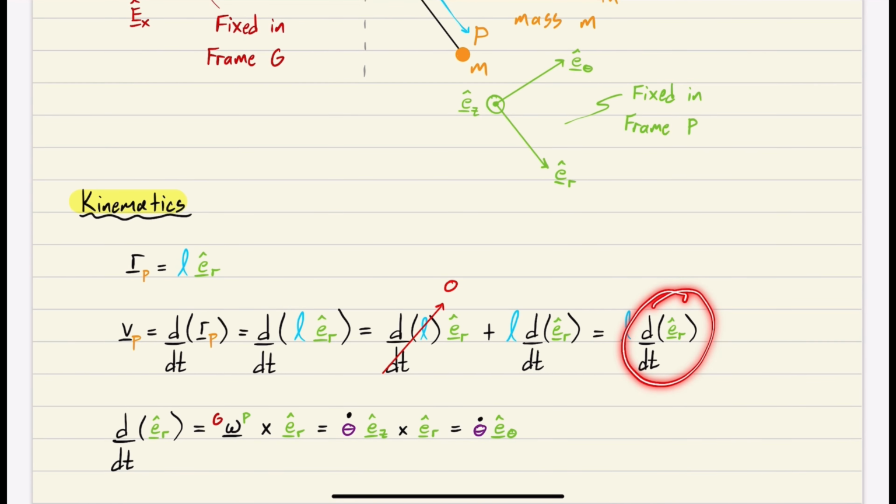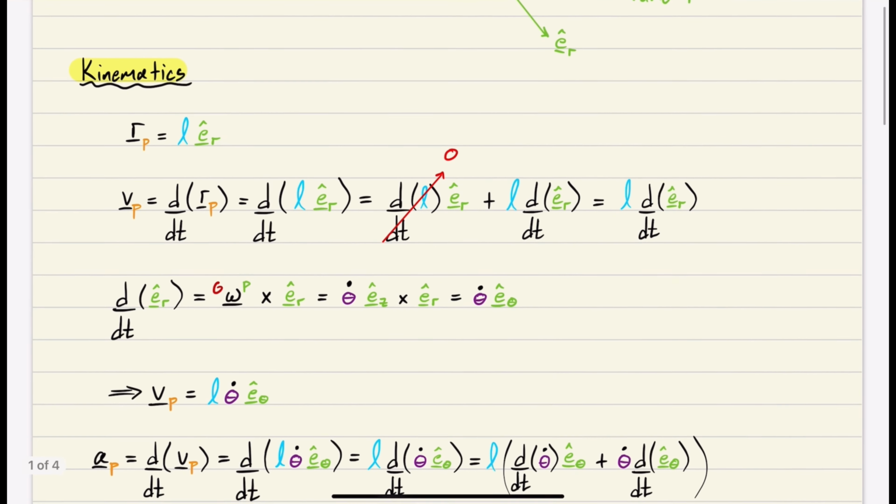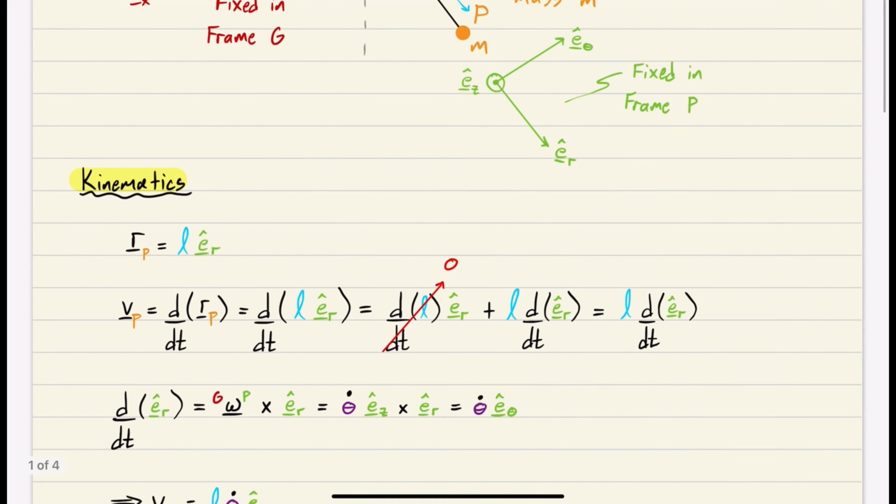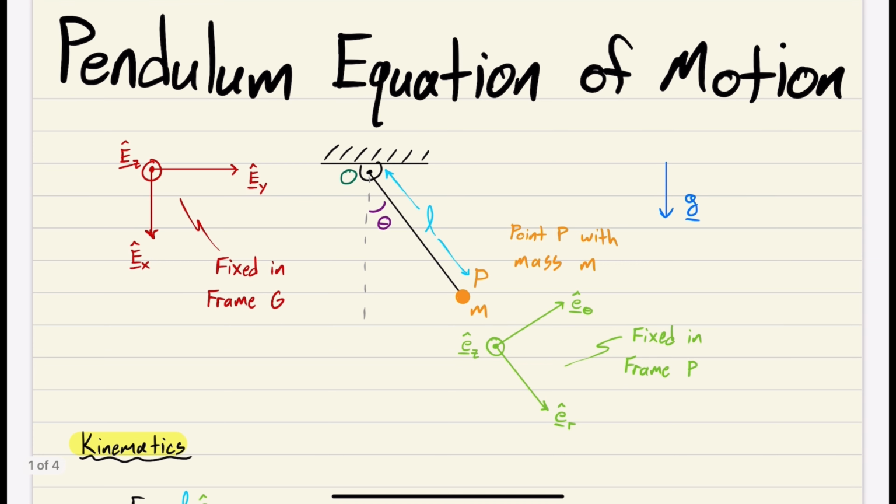So we have to find the derivative of this unit vector. Well, we've done a lot of examples like this, and we did a whole video deriving this result. And we know that the derivative of a unit vector is equal to the absolute angular velocity of the frame crossed with the vector itself, right? So what's the absolute angular velocity of frame P in frame G? Well, how is frame P rotating with respect to ground?